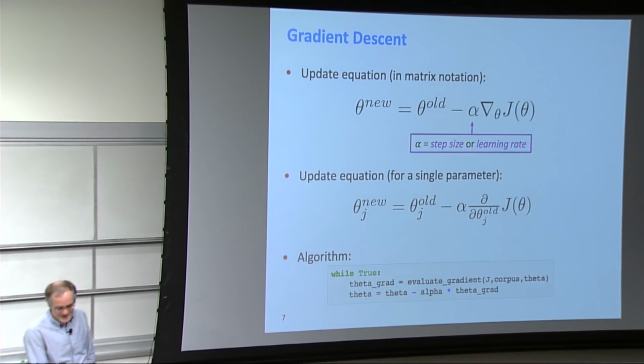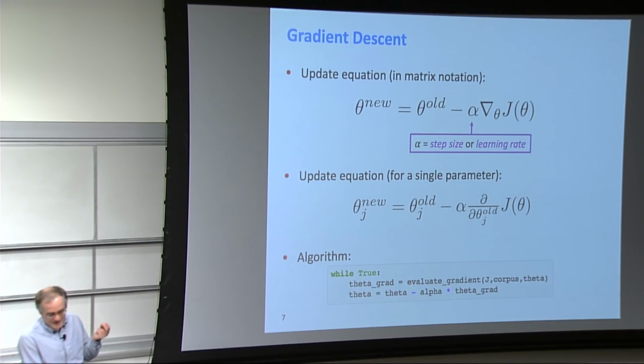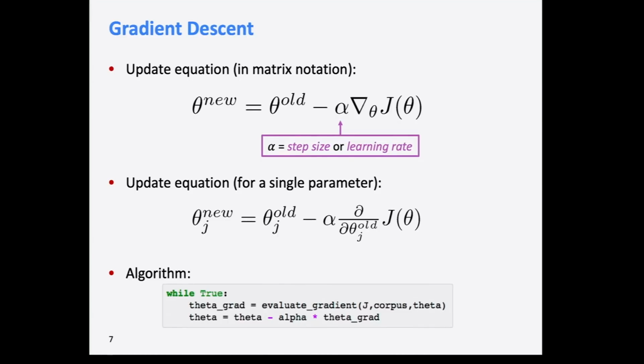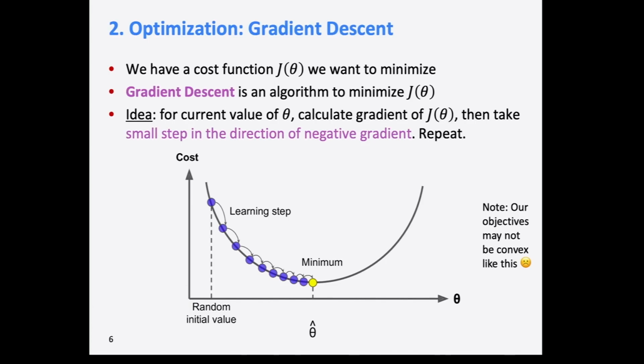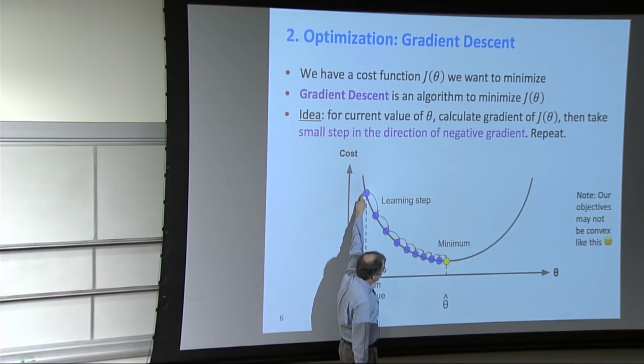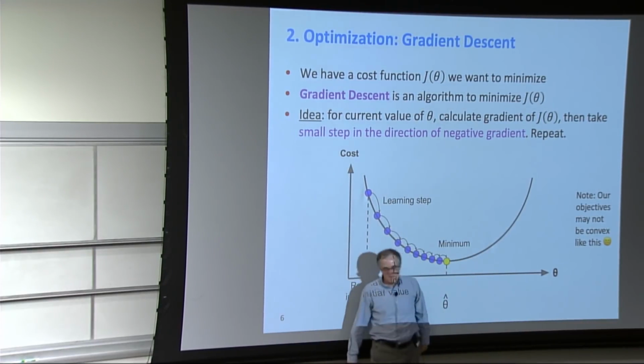So essentially, we've got the old parameters. We work out the gradient of the objective function using those old parameters. We multiply that by a small alpha, which is our step size or learning rate, because we only want to move a little bit each time. If back here we said downhill is this way, and said, great, let's go a long way that way, you could completely overshoot.